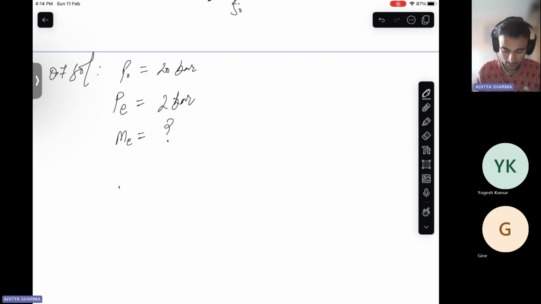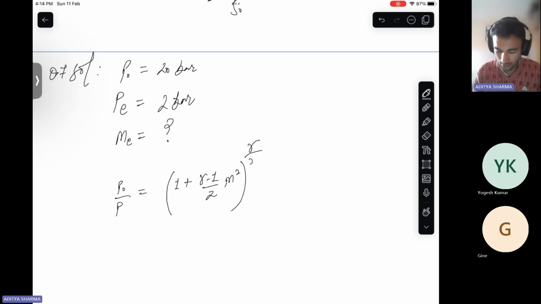So we know P naught by P is given by the isentropic relation, with the exponent gamma by gamma minus 1.